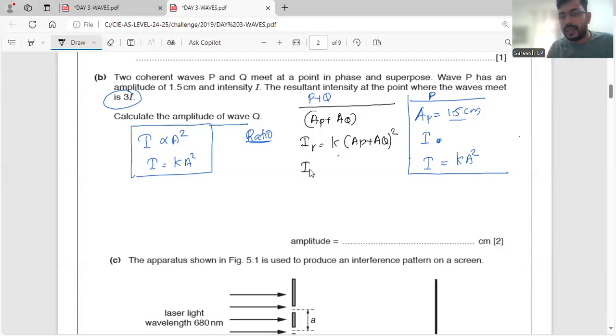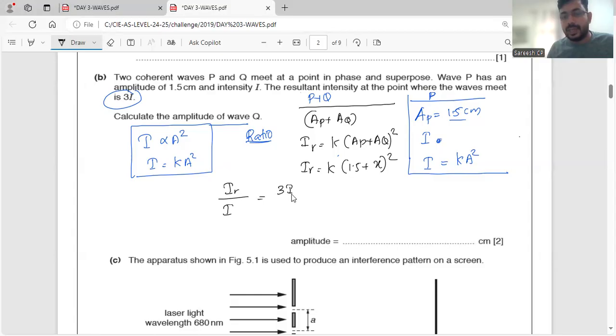So I can write IR is equal to K times (AP, which is 1.5, plus, let's take it as X) all square. Now what you need to do is IR by I, the final intensity divided by intensity I. The resultant intensity is 3I.